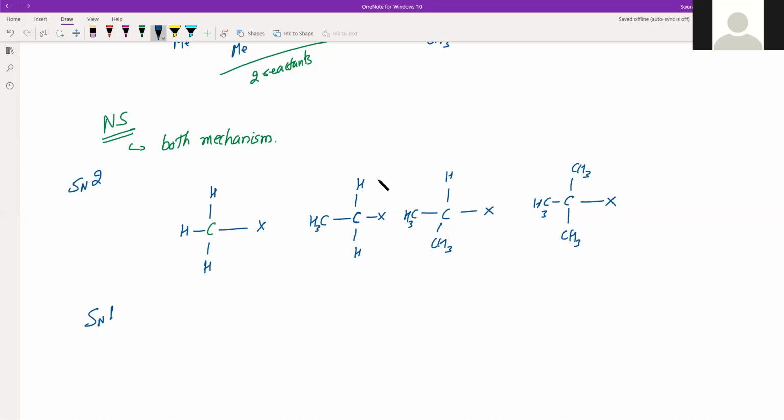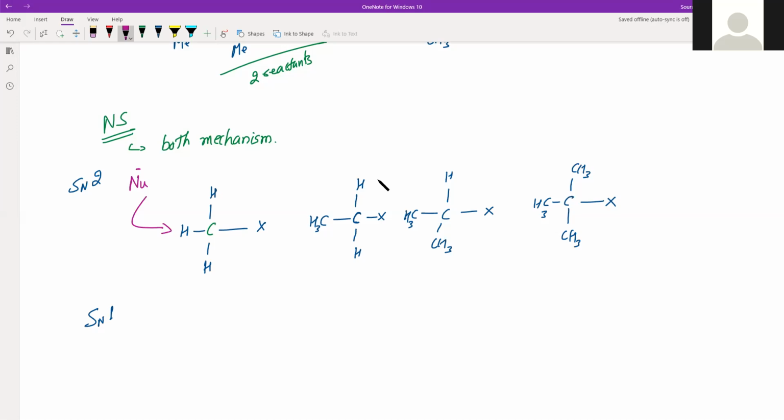Suppose the attacking reagent is some nucleophile which has to attack. In SN2, the nucleophile enters from the direction opposite to this halogen, right? And what about SN1?